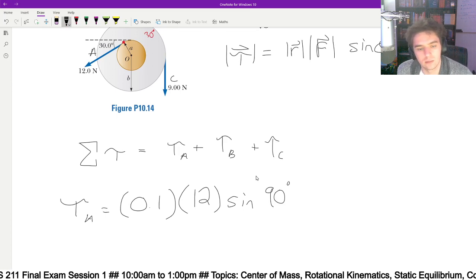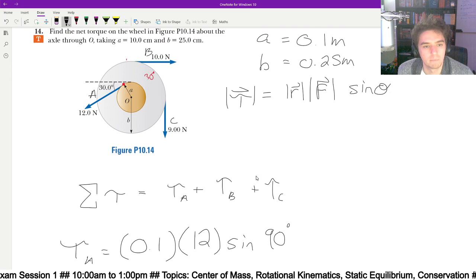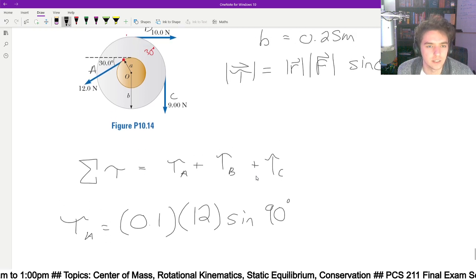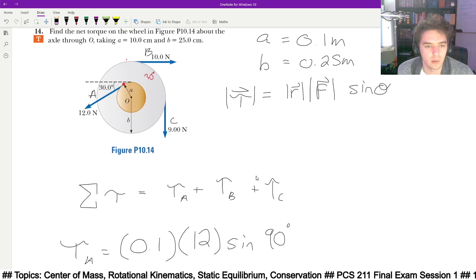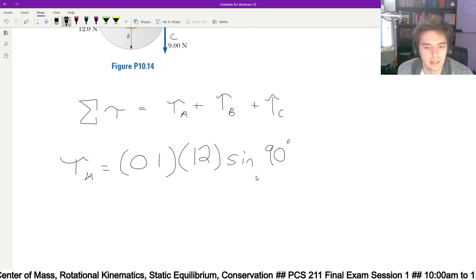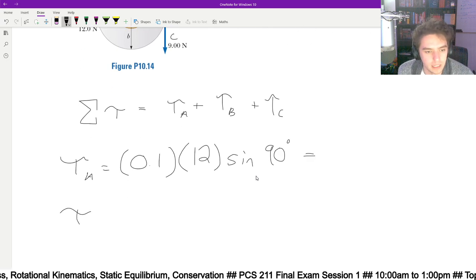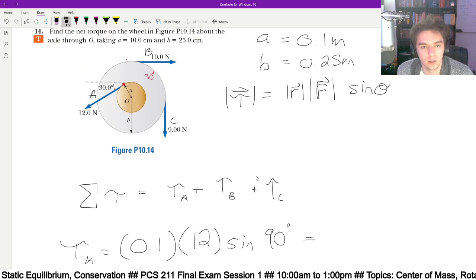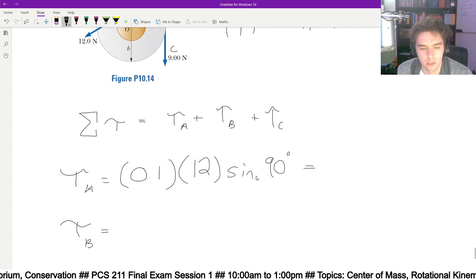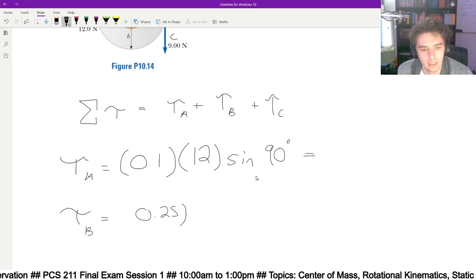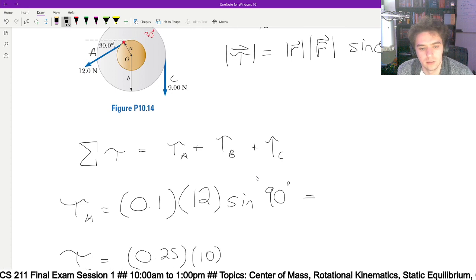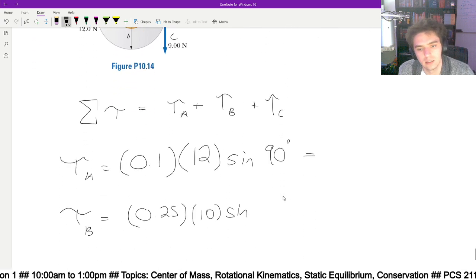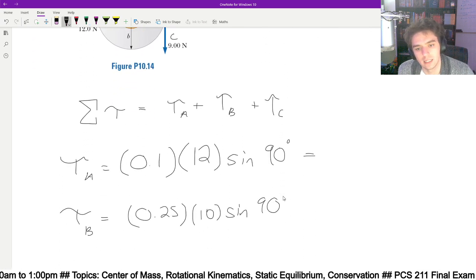I think your torques are wrong, by the way. It should be negative TB, negative TC. Yeah, I just said all of them positive. Then you think about the direction. This one's going clockwise, so that's positive, right? TB is going to be the magnitude, the distance from the axle, so that's b, which is 0.25, times the force, which is 10, times sine of 90 degrees.